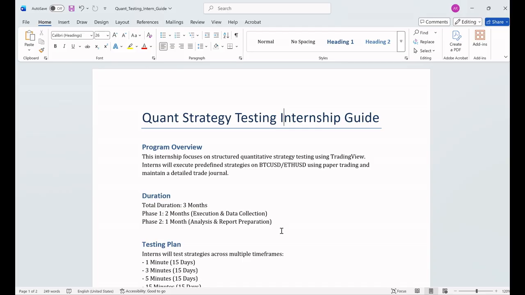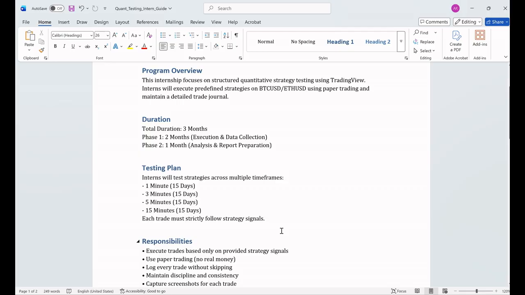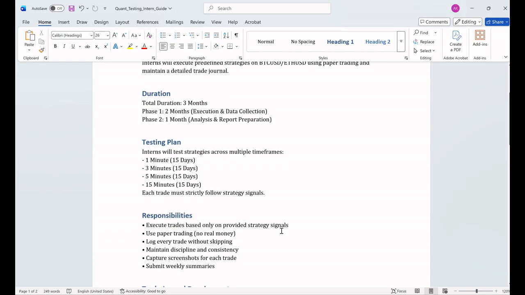Now let us move to timeframe-based testing, which is one of the most important parts of this internship. You will not randomly switch time frames. Instead, your testing will be structured. Each time frame will be tested for 15 days continuously. You will start with the 1-minute time frame and test it for 15 days. After that, you will move to the 3-minute time frame and again test it for 15 days.